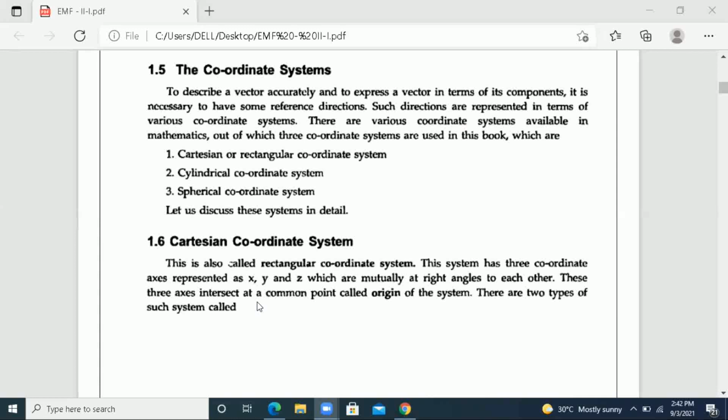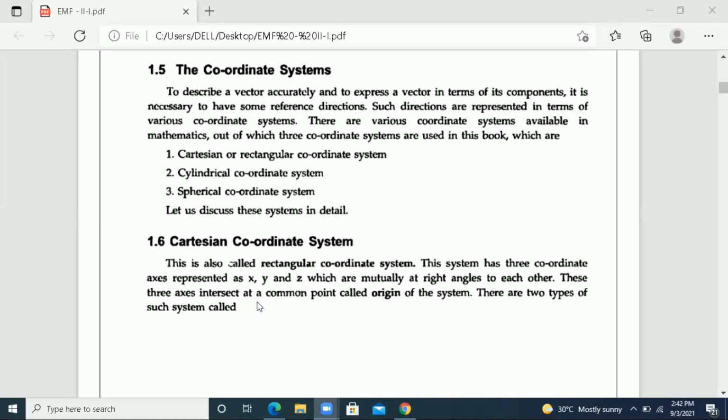I mentioned this before. You're most familiar with the Cartesian or rectangular coordinate system. That's X, Y, and Z. I said earlier, there are other coordinate systems.